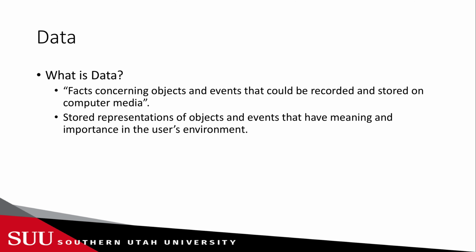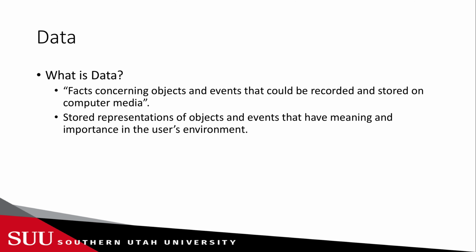Now, what do we mean by user's environment? Suppose that we are looking at data for a university. So in that case, what is important to that environment might be students, courses, and let's say teachers. But if our environment is a healthcare system, we don't care about students, courses, or teachers.